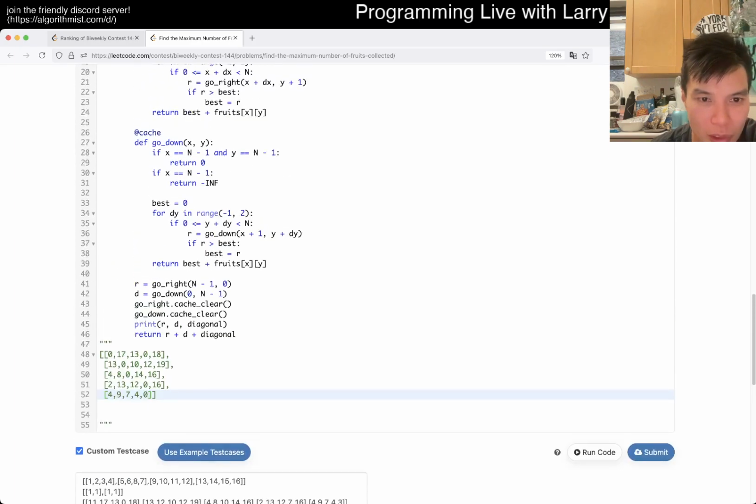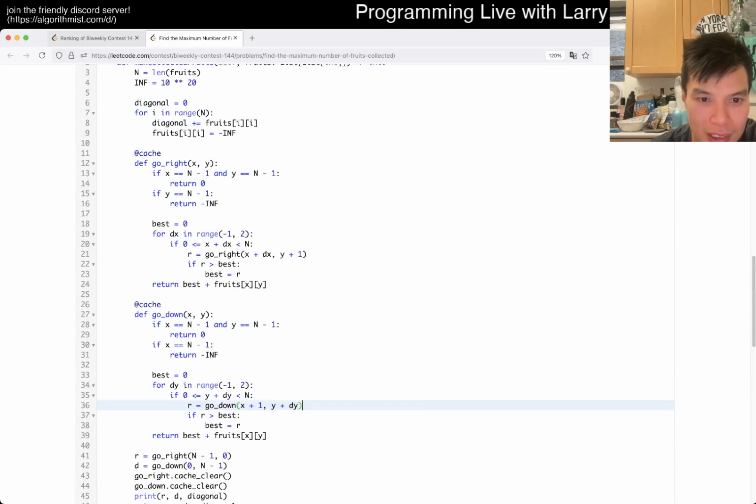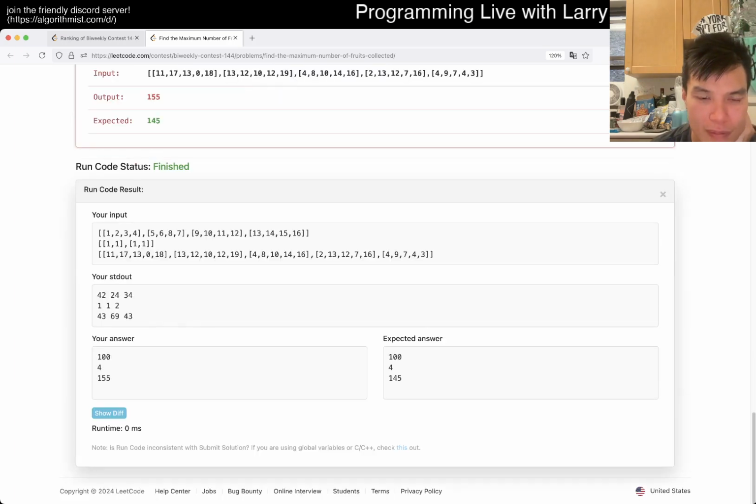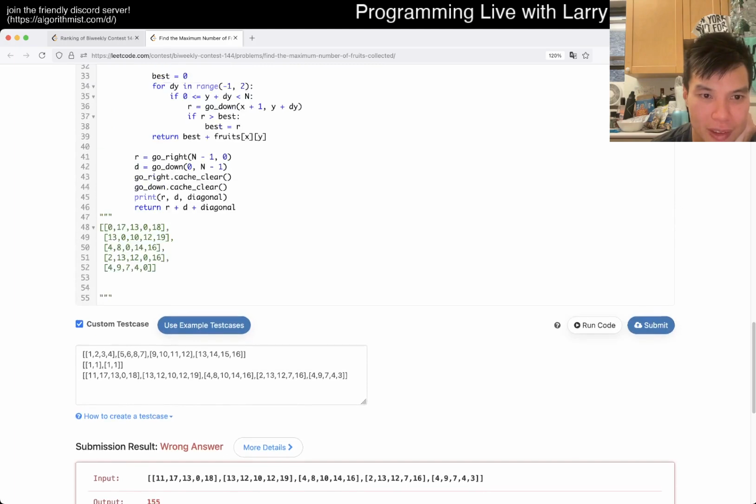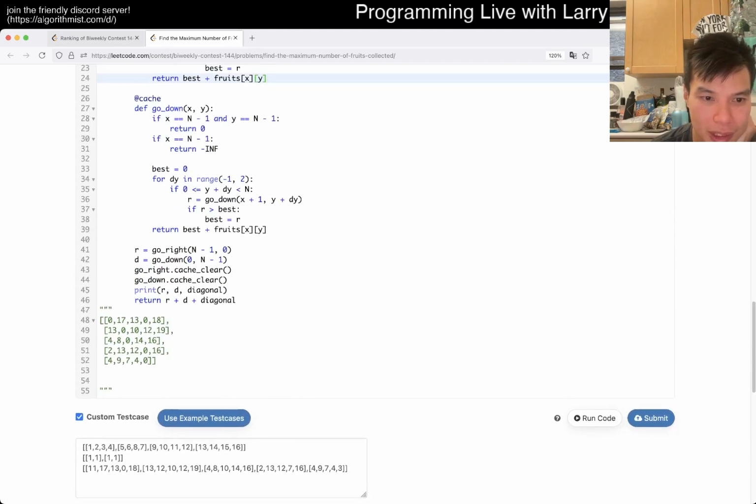So why is this wrong? Did I still have a typo? Go right is wrong. X plus dx. What? Yeah, why is that wrong? You have to get the 4.